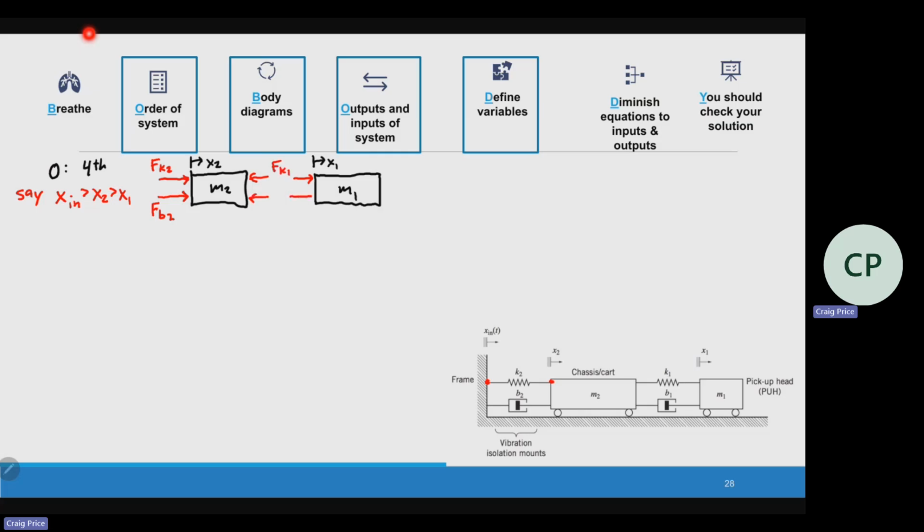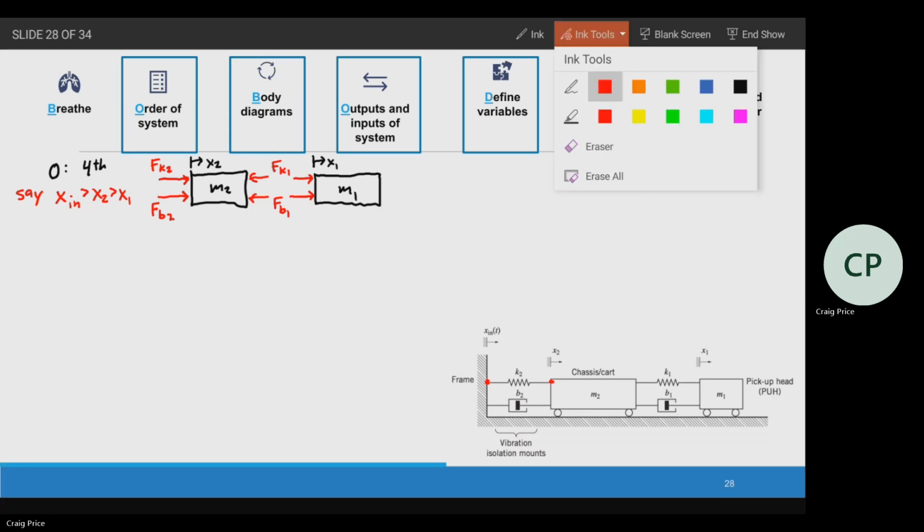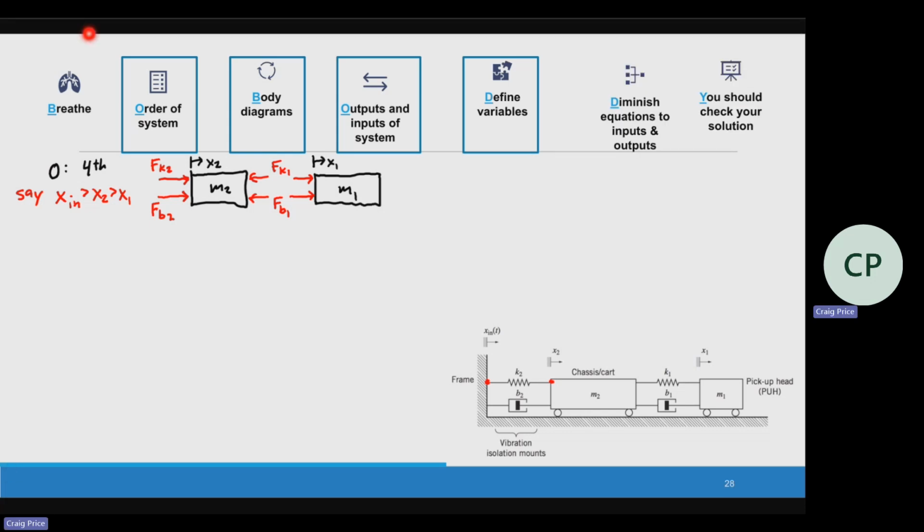Same thing for FB1. Now there's no other friction. Anytime we have the wheels, that indicates frictionless. So those are our forces. Again, we could draw all these arrows the opposite way. That's totally fine. For our definitions, we're going to say X in is greater than X2, which is greater than X1.